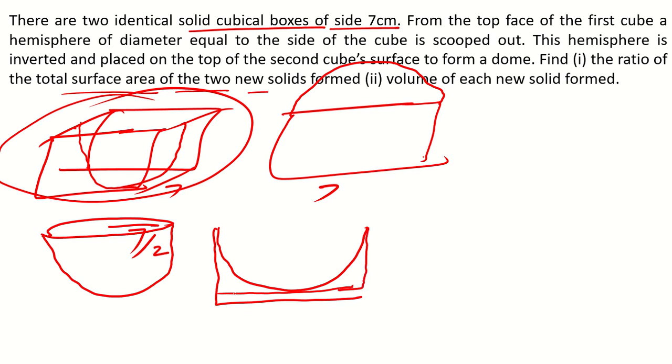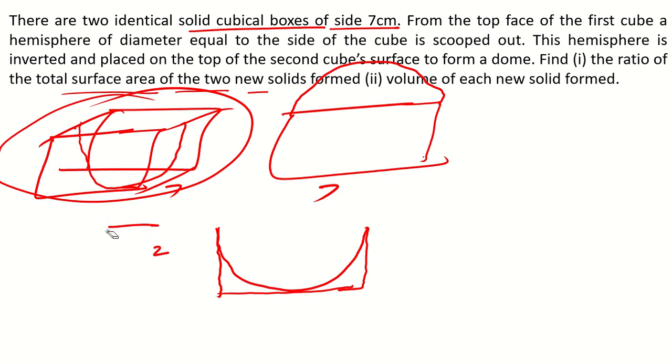So how to find this? Let's find the surface area of this 3D object. You see what all the things are that you can see from outside. It was a cube, so the total surface area of the cube is 6a square.